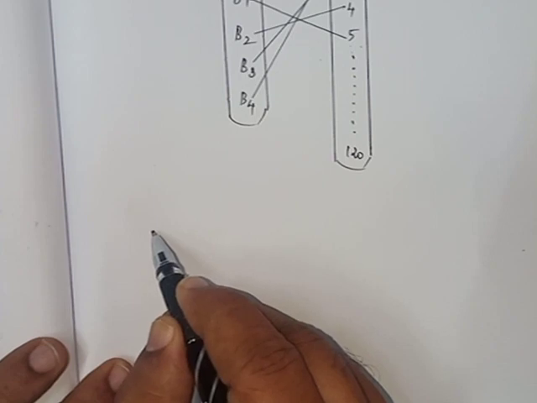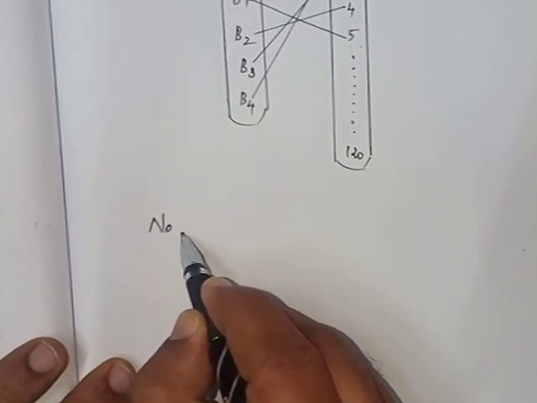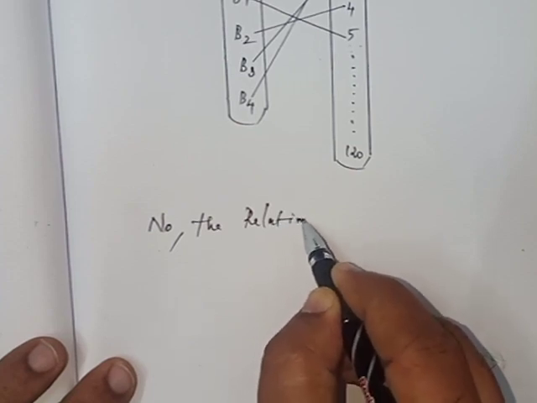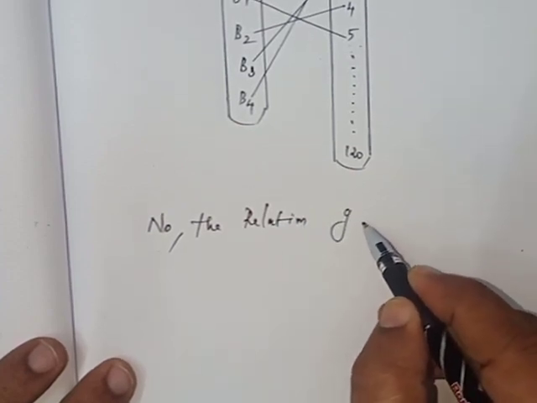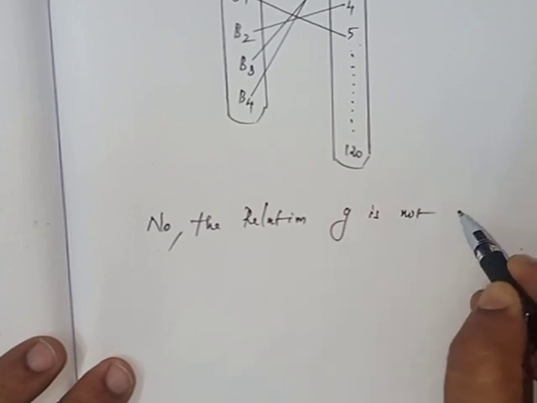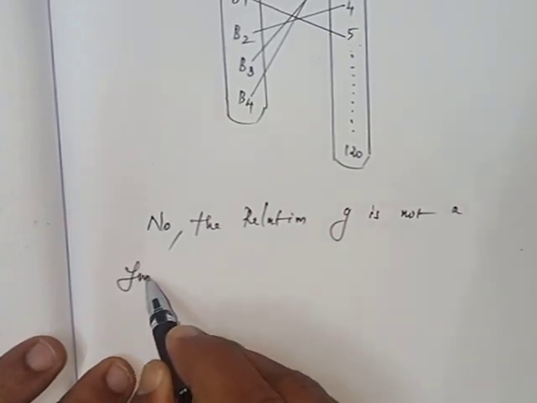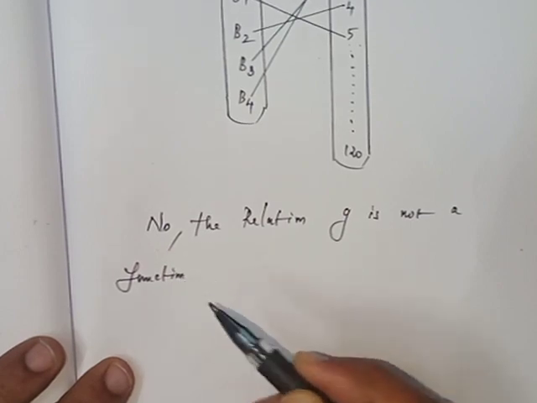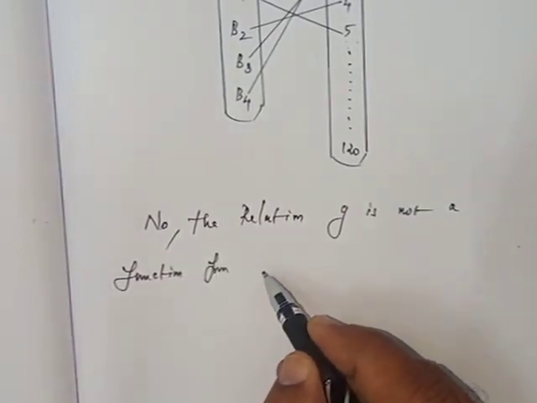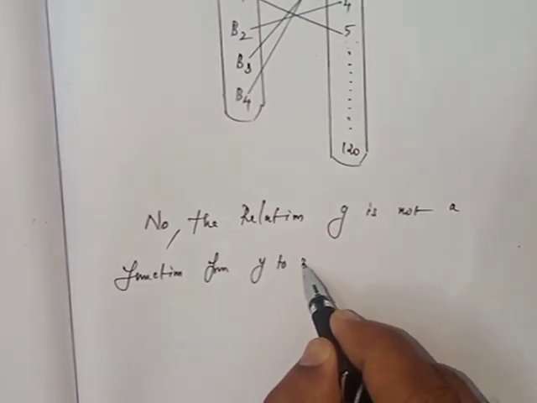The relation G is not a function from y to x.